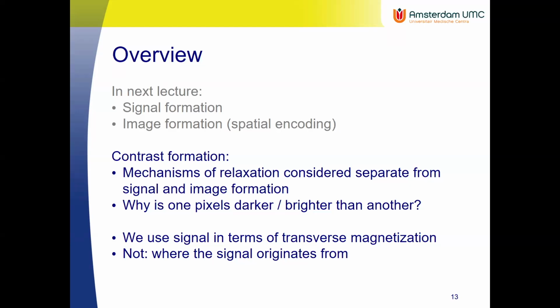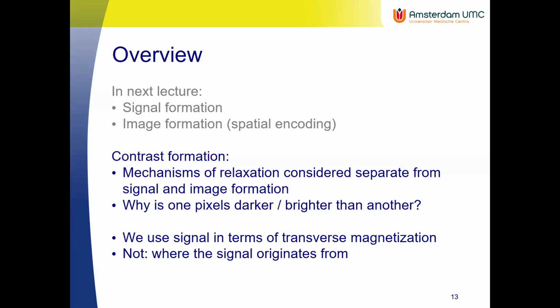There might also be some other open question in your brain now, like, okay, we receive that signal with the antenna, but how do you make an image from that? And that's basically steps 4 and 5. So how do we know where the signal comes from in the brain?